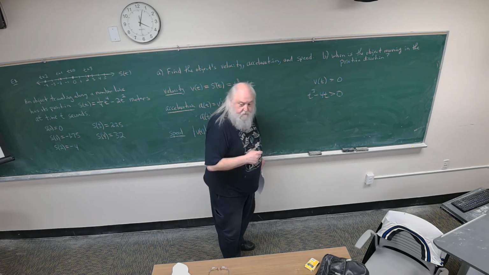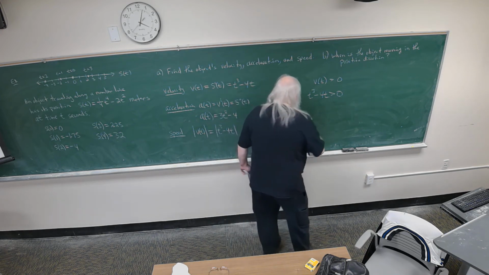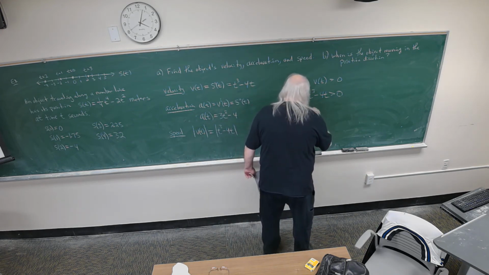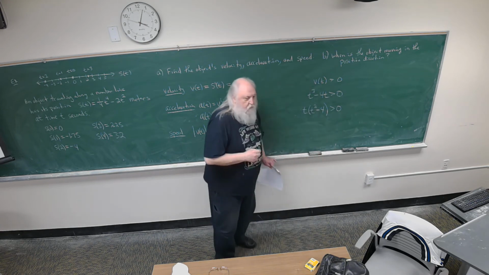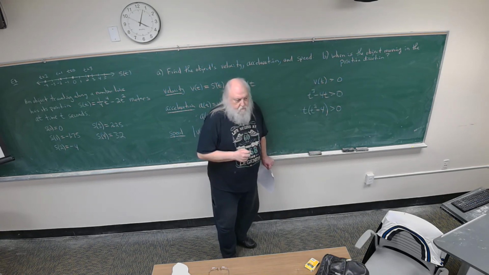Now what do we do? Take out a t. All right, t times t squared minus 4. Now what do we do? t minus 2, t plus 2. Oh, you factor t squared minus 4.